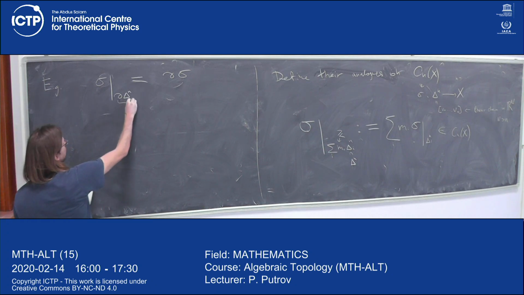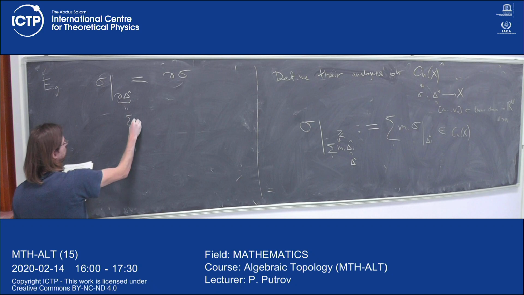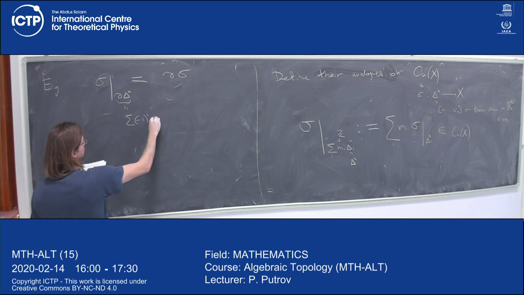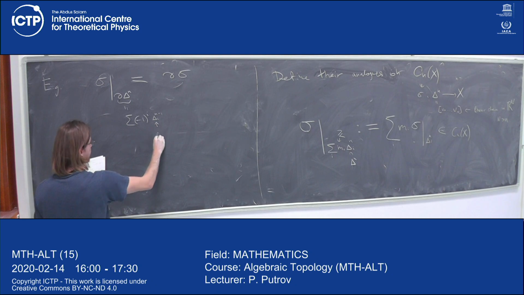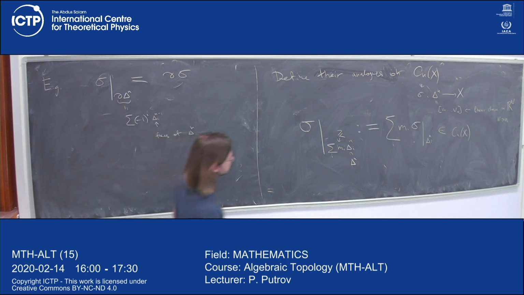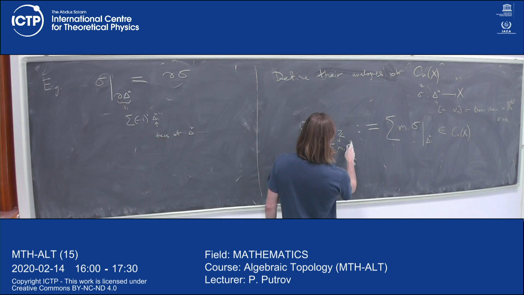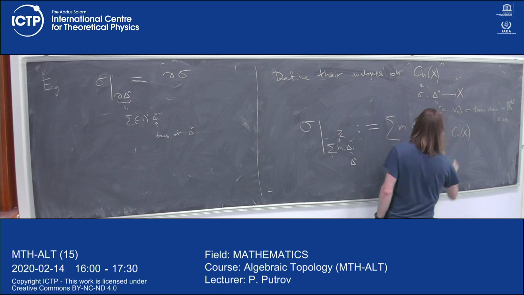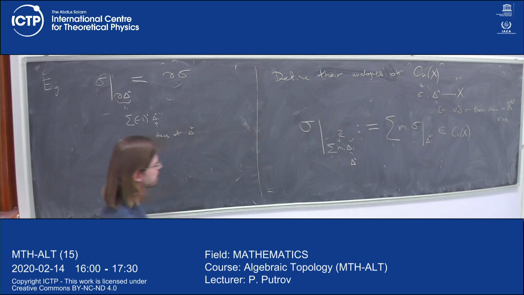More explicitly, this is the following delta i, n minus 1, faces. In general, this n may be different, or even the same.